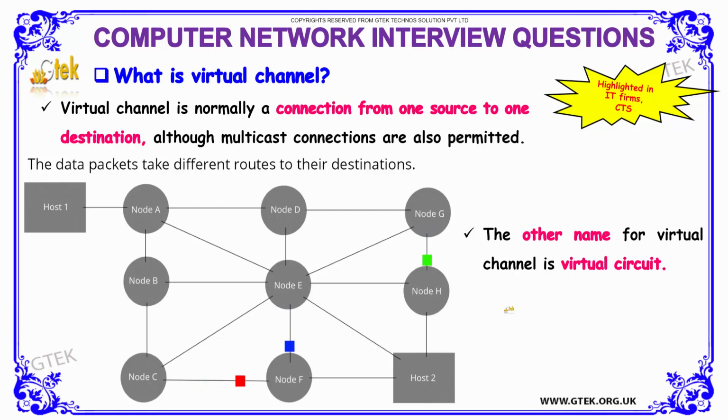The other name for virtual channel is virtual circuit. So this virtual circuit, as you can see, is used by the nodes D, E and G and H. The data is transferred from host 1 to host 2 through the virtual circuit.